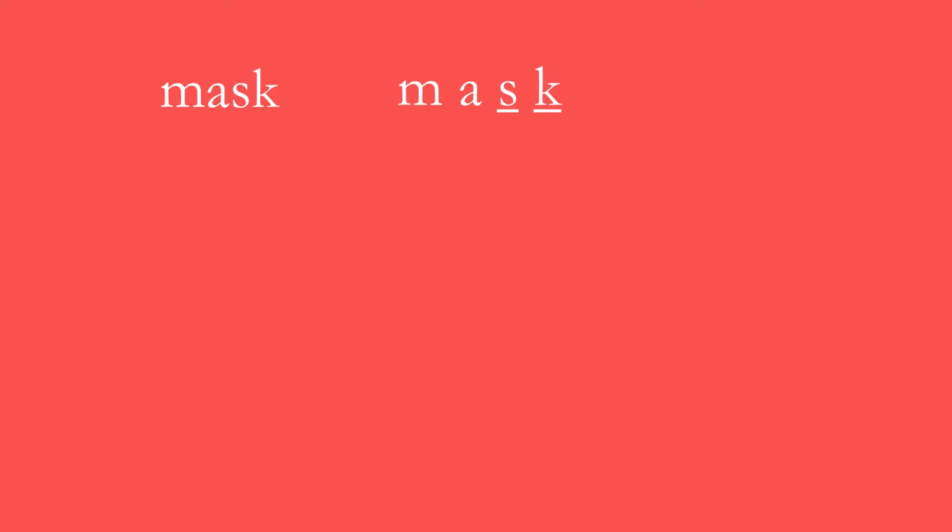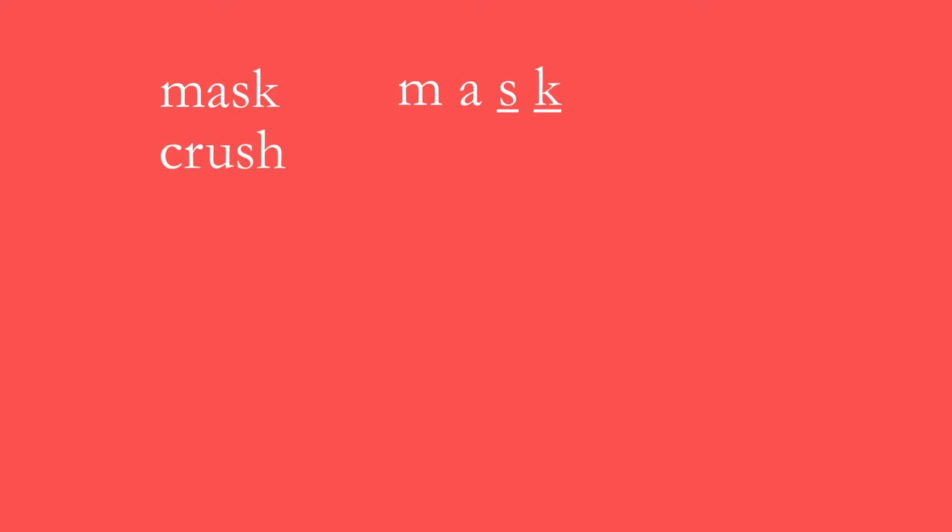Mask. Because it's a blend, the S and the K get their own underline. When you write this on a piece of paper, you don't have to separate the letters the way I did. It's just easier for me to show you what these look like when they're separate. Okay, let's try another one.